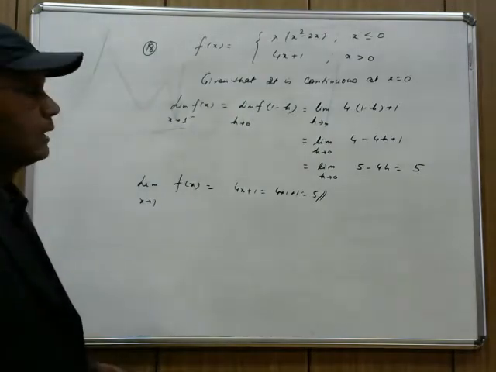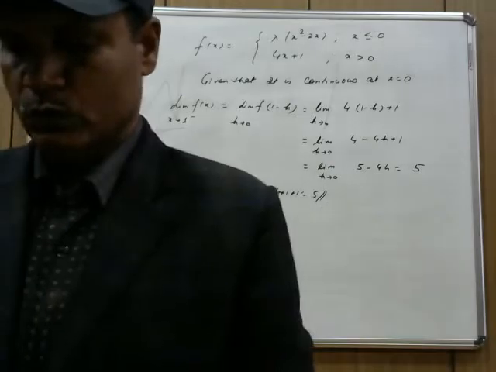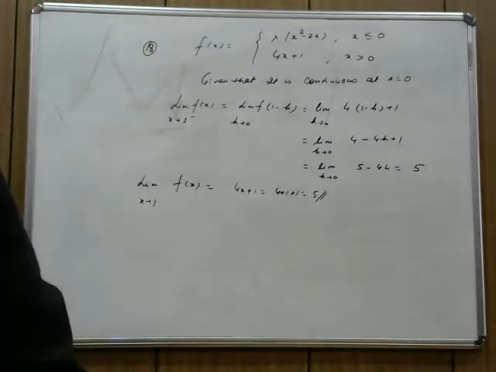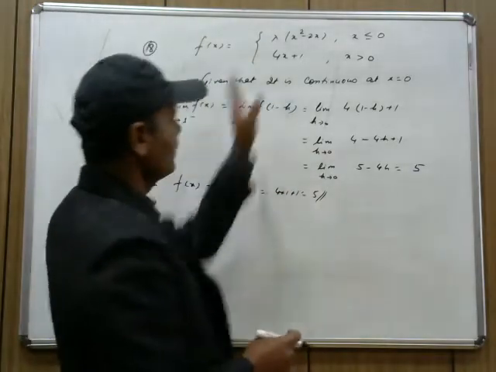It is coming equal. But do you find anywhere lambda in this whole equation? No. That means, therefore, f is continuous at x equal to 1. There is not at all use of lambda over here.